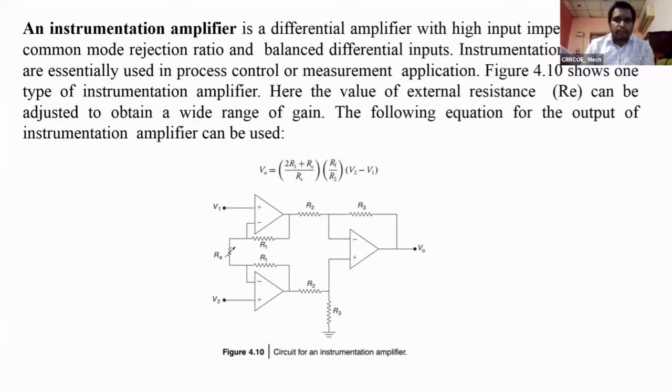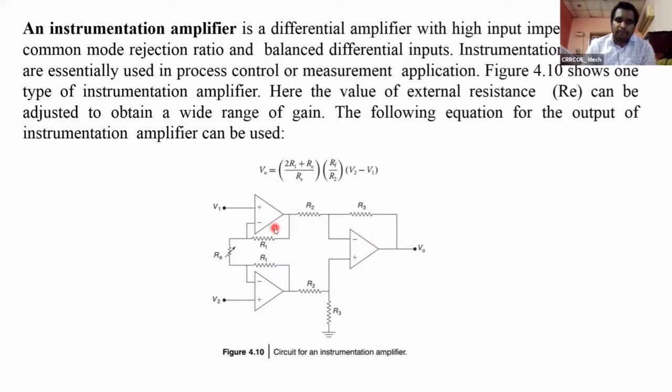Okay, here see the circuit. This is one operational amplifier. The outputs of these two amplifiers are the input of the next stage op-amp. These two are called buffer op-amps.